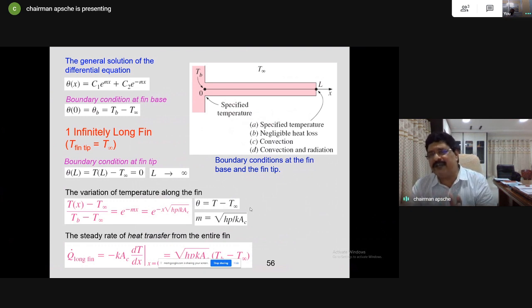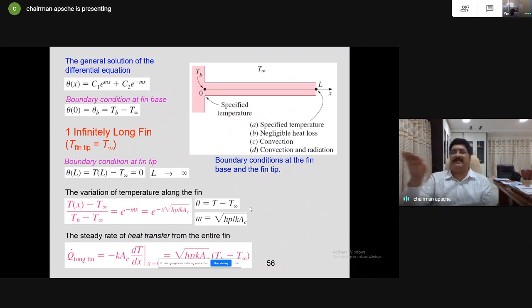If this fin is replaced with a zero resistance fin material, of very, very high thermal conductivity, the entire fin is maintained at its base temperature. That's an ideal condition. Practically it is not possible, but ideally you can imagine it.